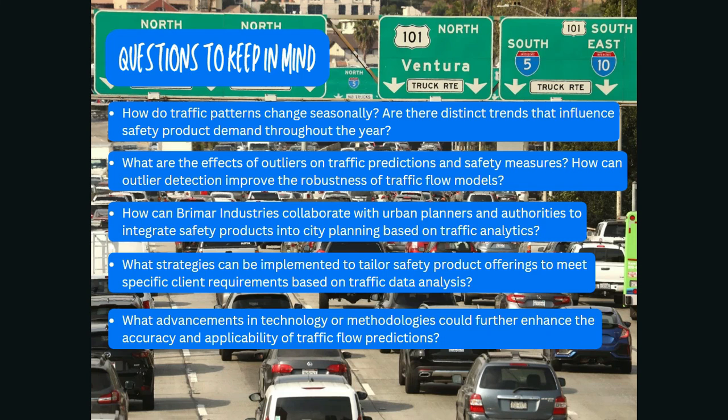How can Brimar Industries collaborate with urban planners and authorities to integrate safety products into city planning based on traffic analytics? What strategies can be implemented to tailor safety product offerings to meet specific client requirements based on traffic data analysis? And what advancements in technology or methodologies could further enhance the accuracy and applicability of traffic flow predictions?